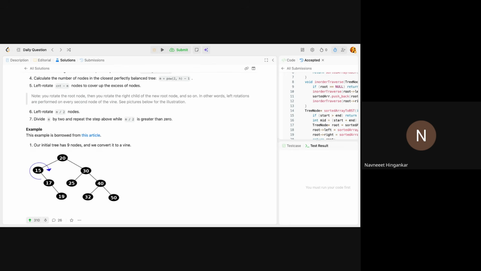So now if I'm at mid during in order, I know that will be my root. If I know that will be my root, I will just try to convert that to the left portion. The right portion will be same, and I will try to do it recursively. This one, yeah, useless.